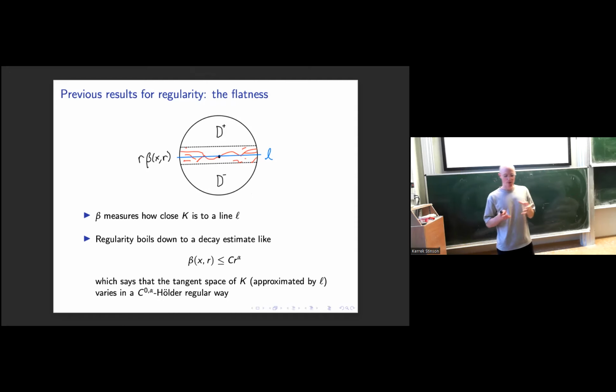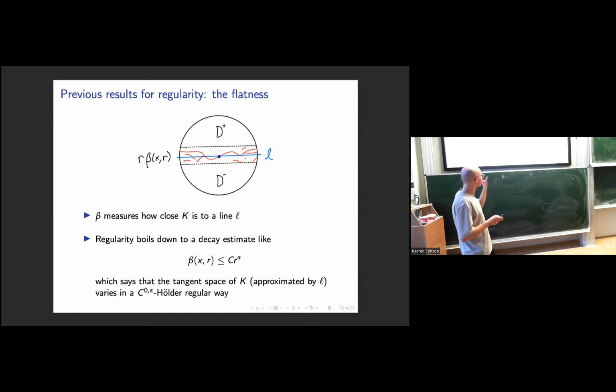And regularity boils down to basically showing a Holder type decay of the flatness. The reason this is maybe not so surprising is that when you ask what line most closely approximates the crack in a small ball, you're finding an approximate tangent plane in some sense, not the actual approximate tangent plane they use in geometric measure theory.